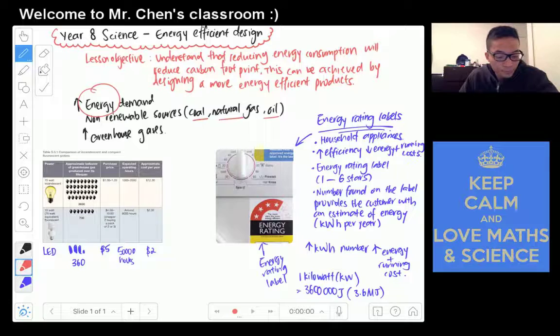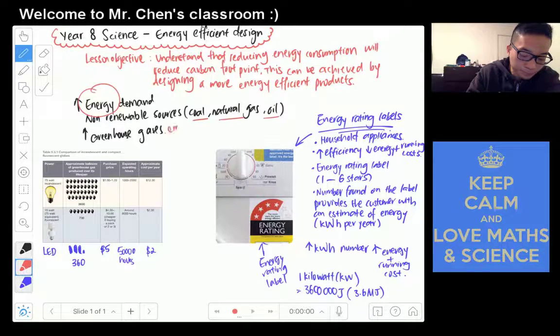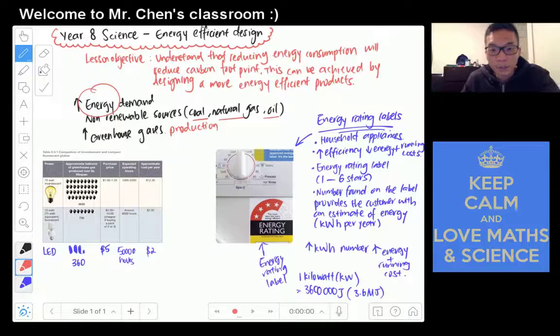And by using all these non-renewable sources, obviously you have increased greenhouse emissions, which will lead to climate change, unfortunately. And apparently, according to one piece of research, we are almost, if not already, past the point of no return for climate change, and yeah, it is not very good.